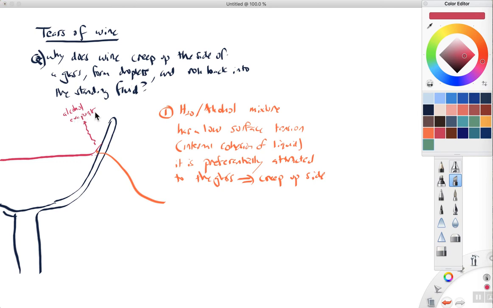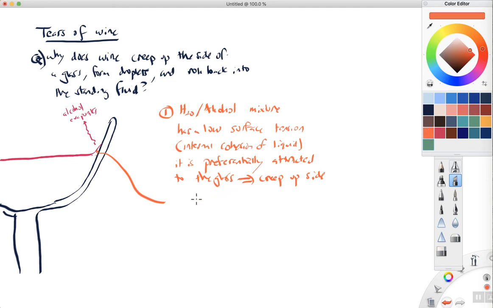It's evaporating from everywhere, but it's also evaporating from here. And as the alcohol evaporates, you're going to get a higher concentration of water in this region. Okay? Because it's a thin layer, it has a big surface compared to the volume of water in this little layer. So when a little bit of alcohol evaporates, you have a surplus of water in that region.